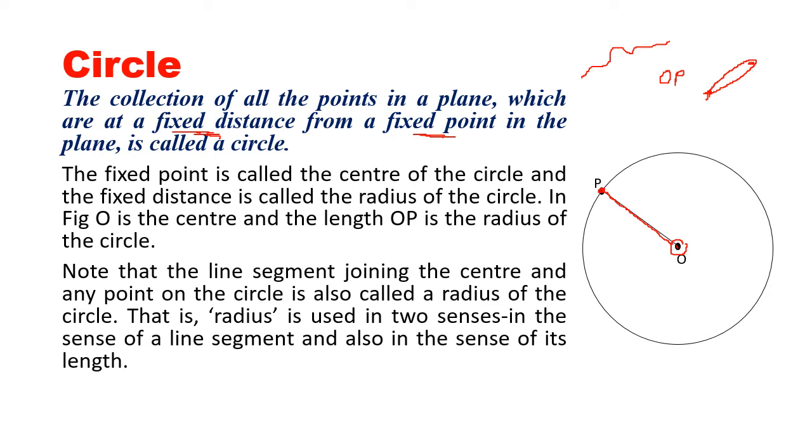At this point, that is O, put your finger and hold it very tight. At this point, you put a pen or something and now stretch the string and make it move. Now because of this fixed point, this string will move in a loop only, forming a circle.